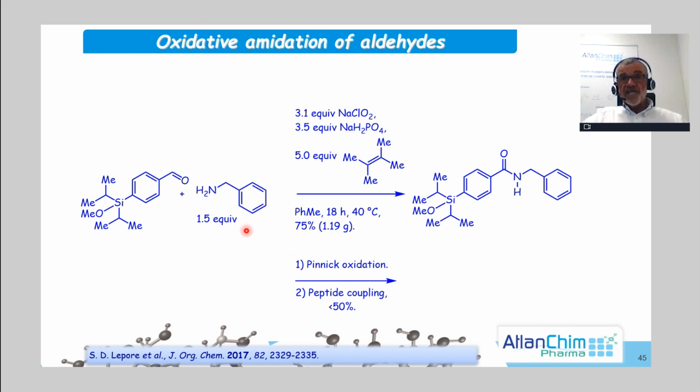It should be pointed out that the two-step sequence, pinnick oxidation of this aldehyde to the corresponding carboxylic acid, followed by peptide coupling with a benzylamine here, provided the desired amide in less than 50% yield.